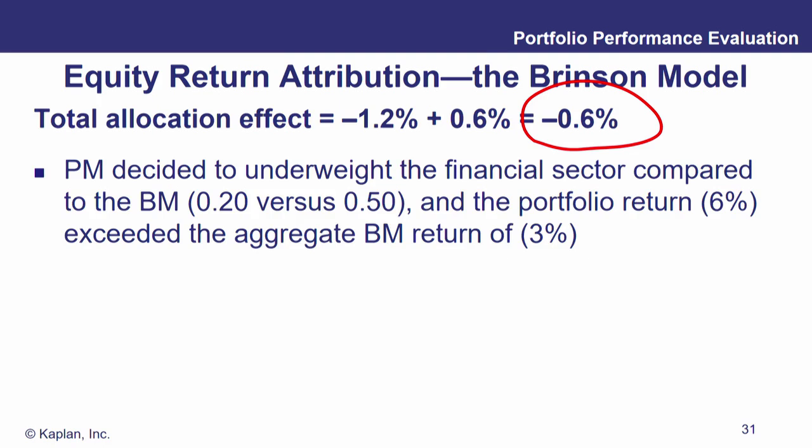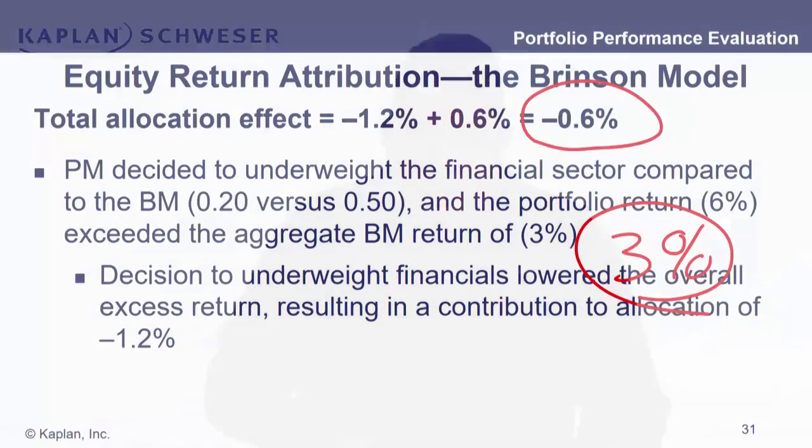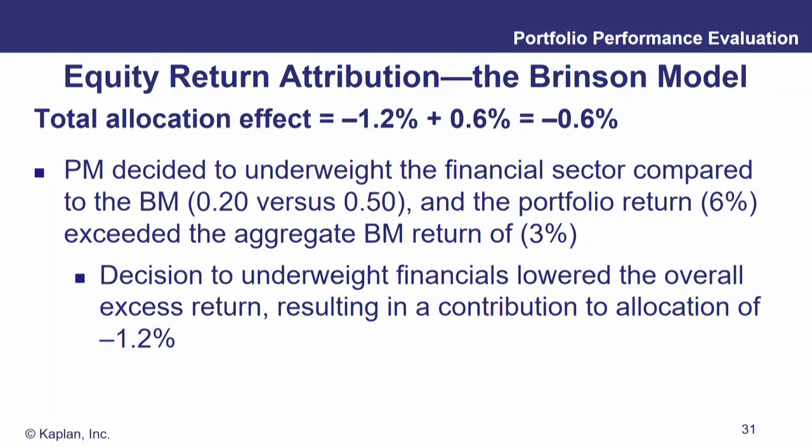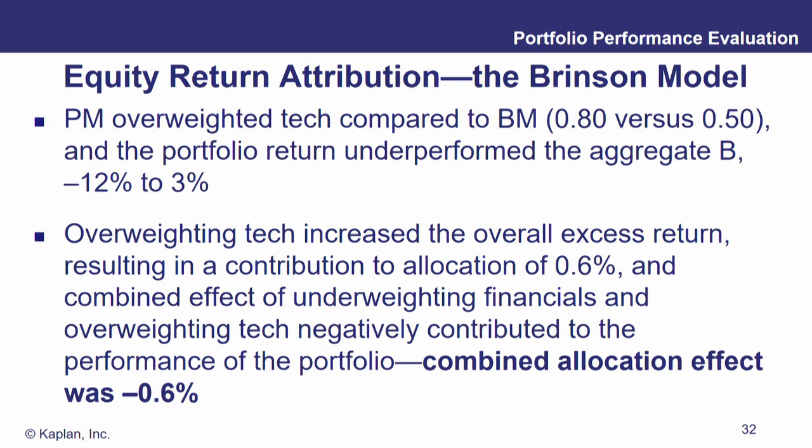So the portfolio manager decided to underweight the financial sector. Remember 0.2 versus 0.5? And the portfolio returned 6%. It actually exceeded the aggregate benchmark that we saw return, which was 3% in total. Okay, so this allocation effect was negative. This decision to underweight financials lowered the overall excess return, and it resulted in a contribution to allocation of negative 1.2%.